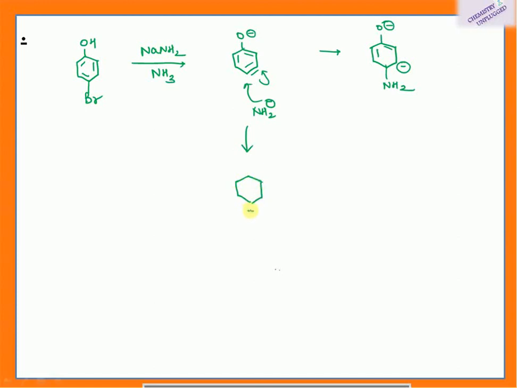Or the second possibility is this NH2 will attack on this carbon and this bond will shift here. So we will get a negative charge at the para position, with the NH2 group attached at the meta position. In this case, this negative charge is far from this negative charge. Same charges repel each other. So in this case they are far from each other, while in the other case they are a little bit closer as compared to this one. So this will give me the major product.